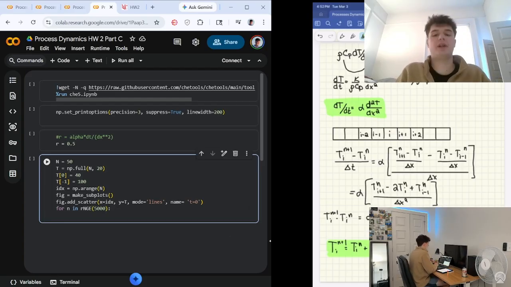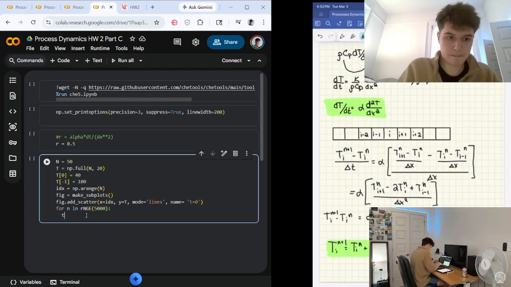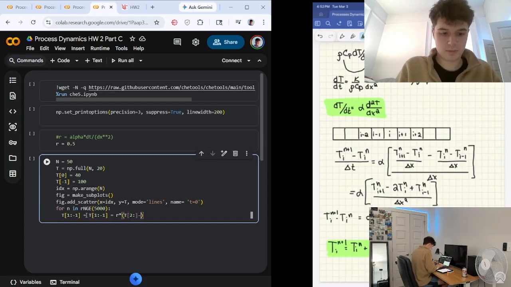Now we have to put in a couple equations for this to plot correctly. Let's have t bracket -1 equals t bracket plus our r value multiplied by t minus 2 times t.